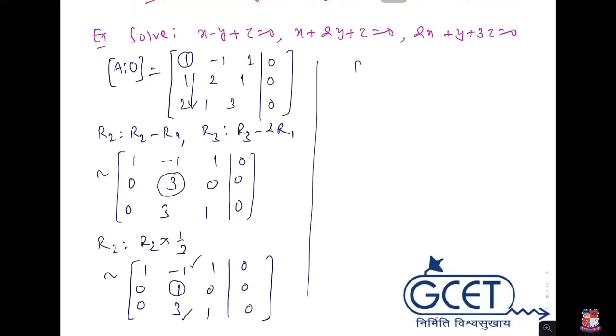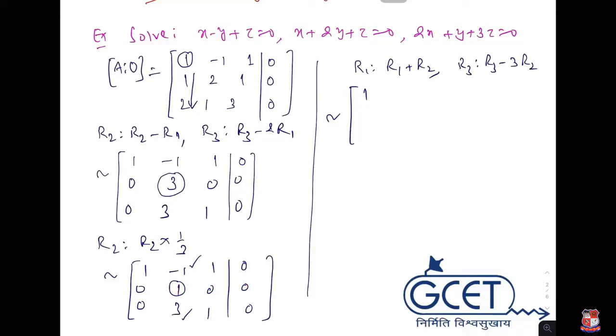So R1 plus R2 and R3 minus 3R2, and so we get, this is 1, we have to add this to row.